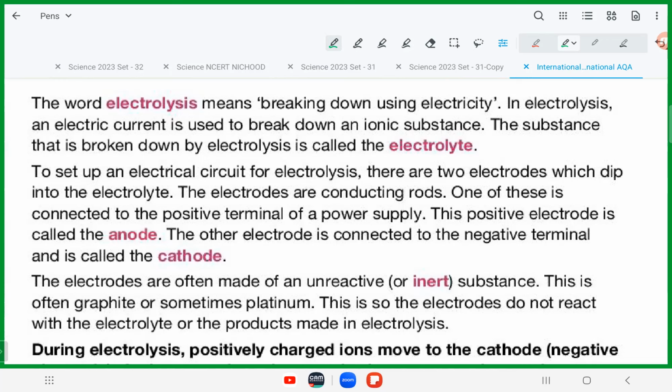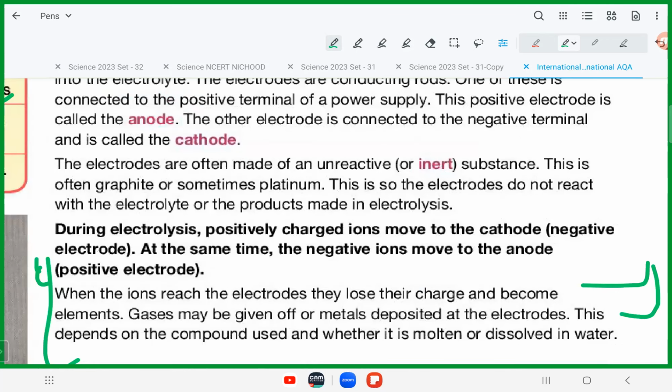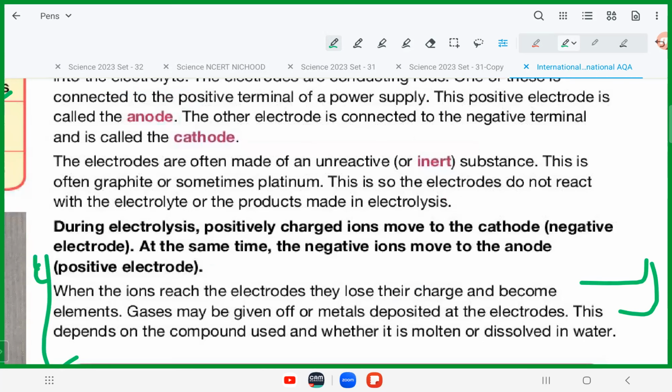The electrodes are often made of an unreactive or inert substance. This is often graphite or sometimes platinum. This is so the electrodes do not react with the electrolyte or the products made in electrolysis.